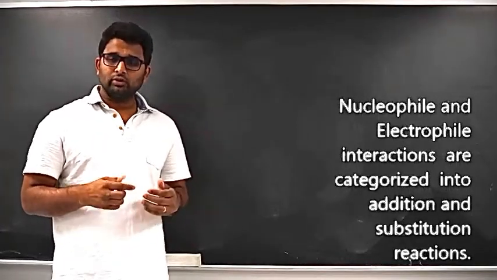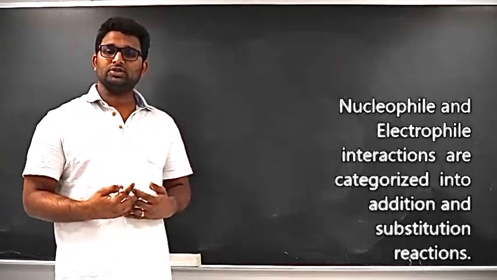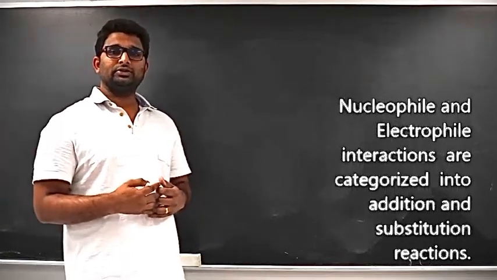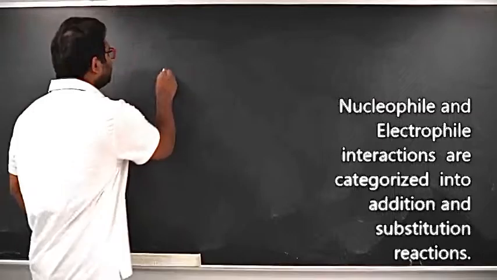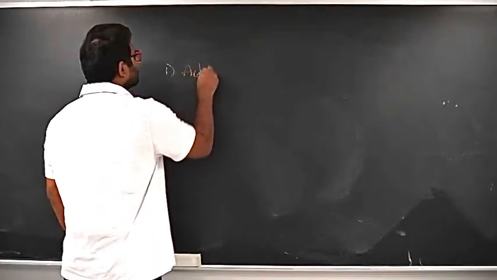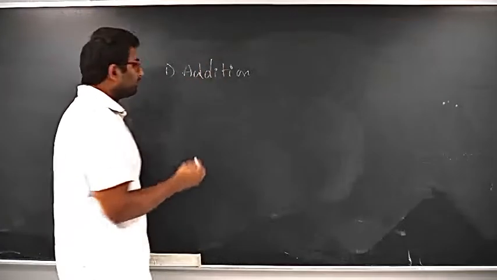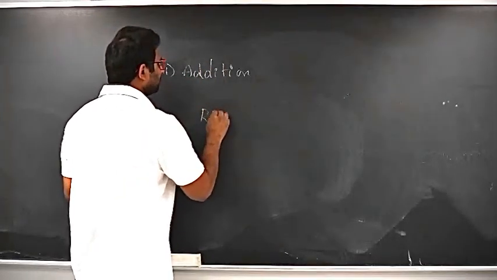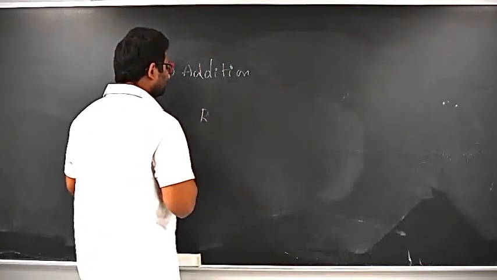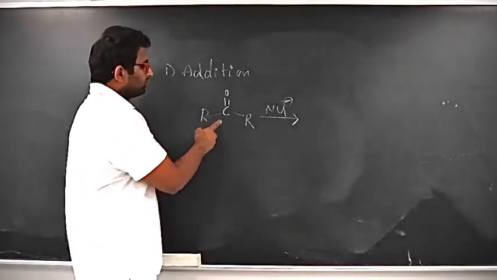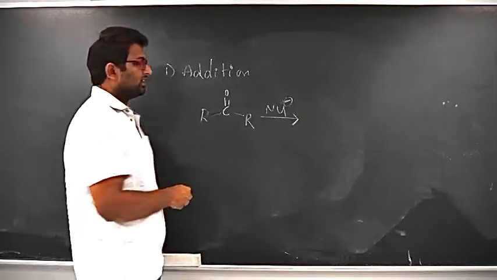Based on how a nucleophile reacts with the positively charged organic molecule, it divides into two categories. One is addition. For example, if we have ketone-like molecules, in the ketones, C double bond O is a carbonyl functionality.